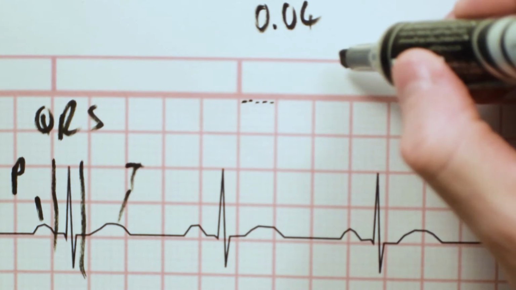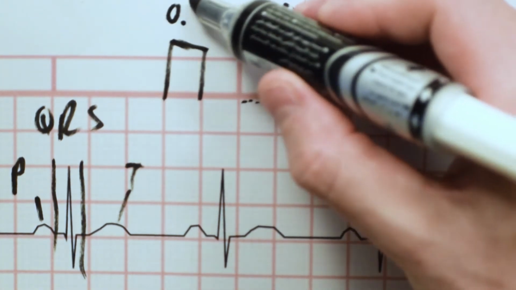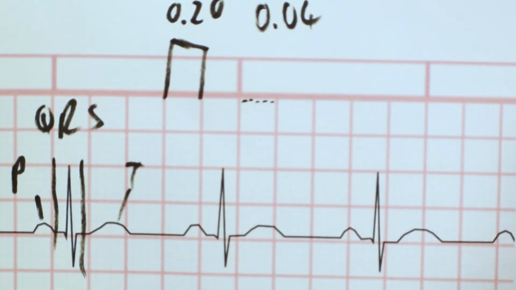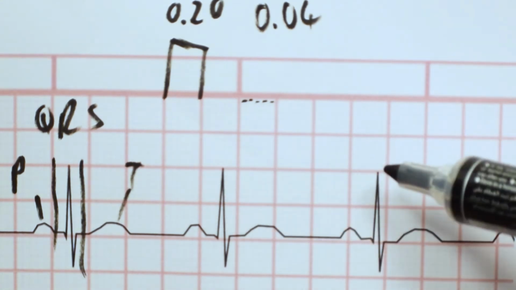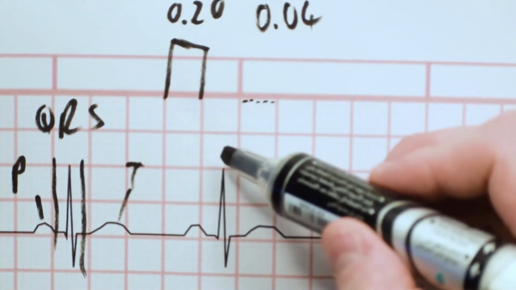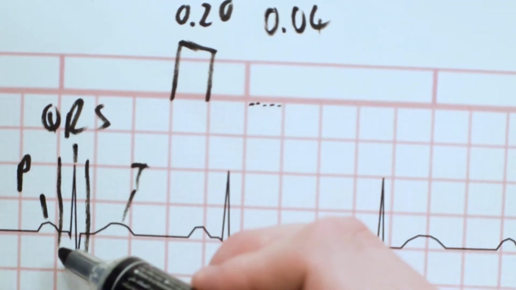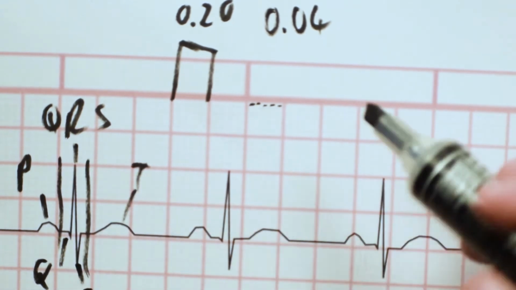Which means that every big block is equal to 0.20 seconds, because there are 5 tiny blocks in every big block. So if we count every big block between every R wave, remember the top wave is your R wave and this little wave here is your Q, so it's QRS.